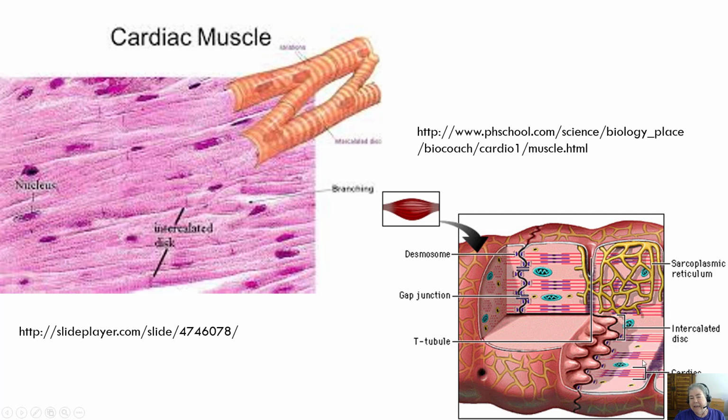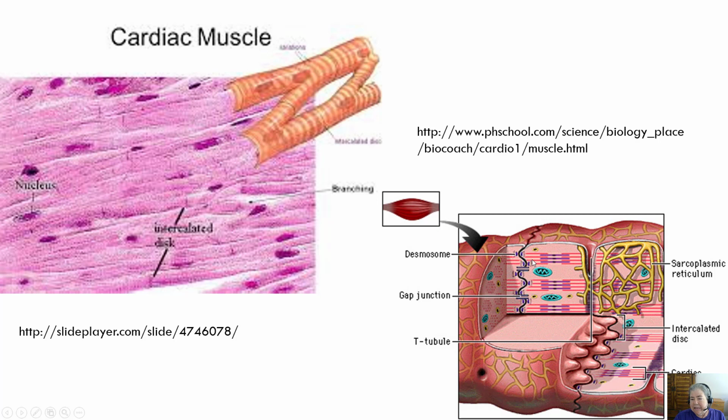This is a diagram showing the inside of a myocyte. Here we have the connection of the cells in their syncytium at something called a desmosome.